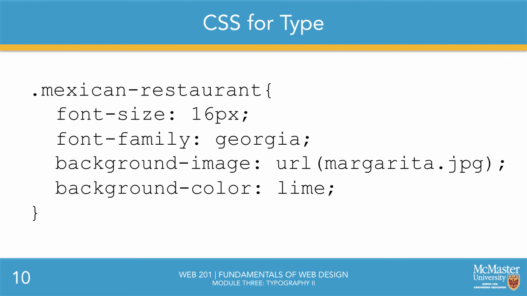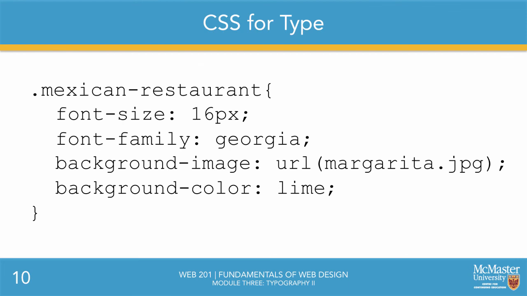So we know that the background image is a JPEG, and based off its name, it's probably of a margarita image, and the URL just means the location of that particular JPEG file. And the last line says the background-color is lime. So the background color for this Mexican restaurant, in this case, is lime.